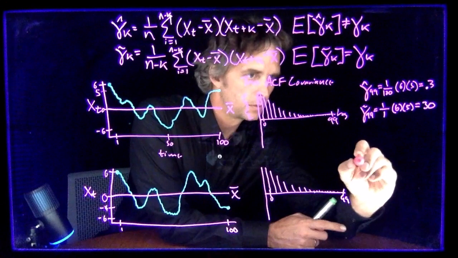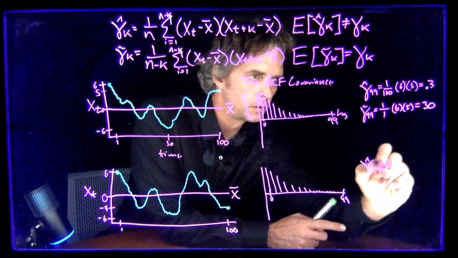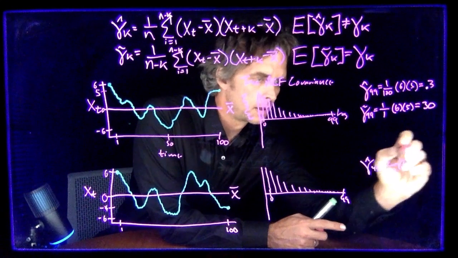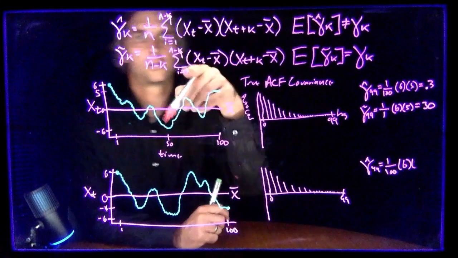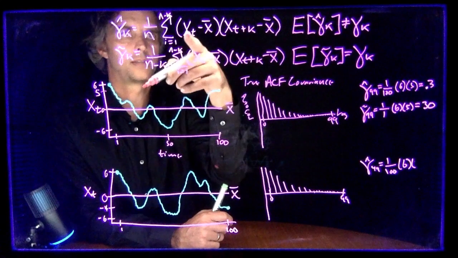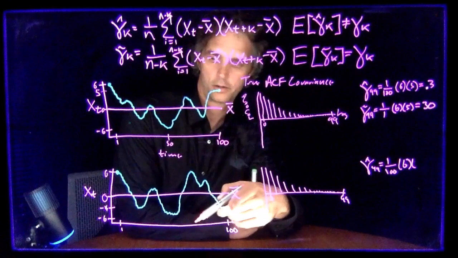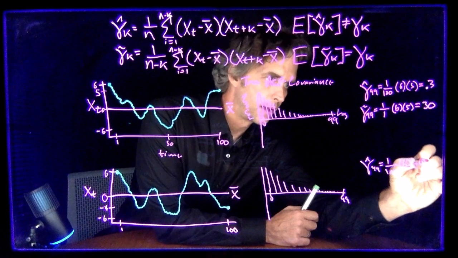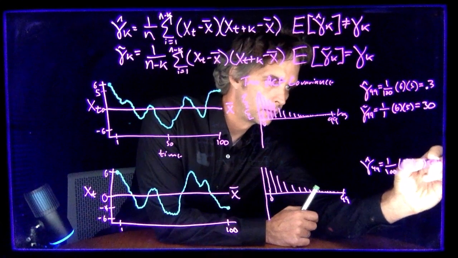So here, gamma hat 99 equals 1 over 100 times, started at 6 but ended at, again, 99 units apart. So that's i equals 1 to 1: x1 minus 0 and x100 minus 0. x100 in this case is -4, so that is -4, and that equals -0.24.